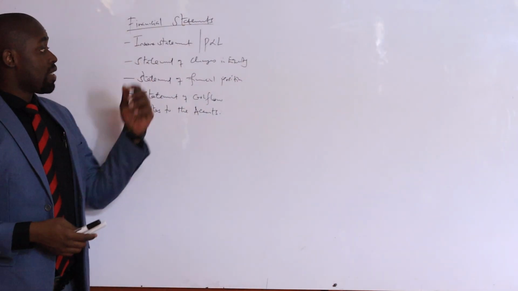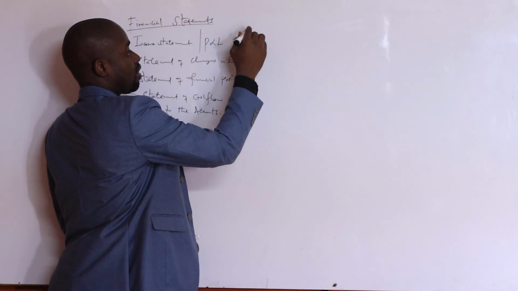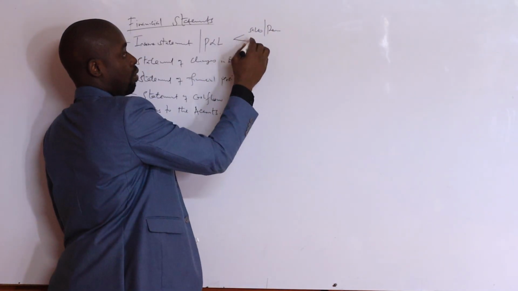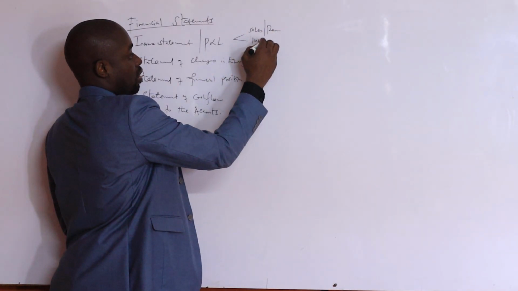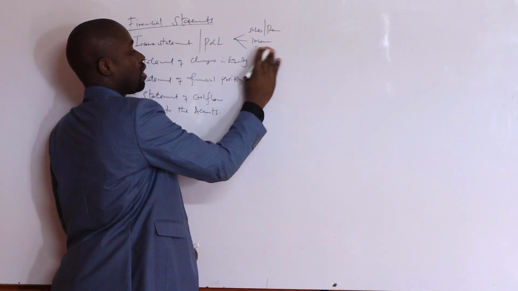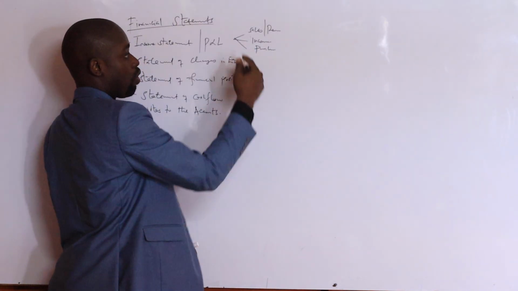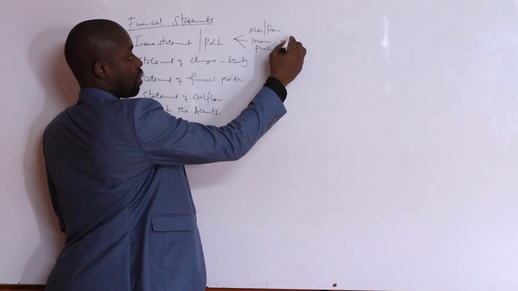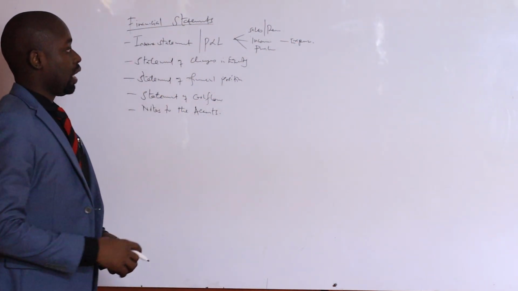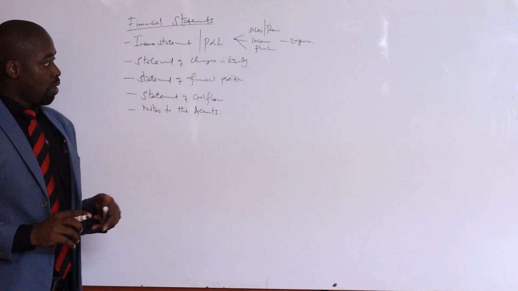Its main elements are sales or revenue, incomes, then cost of sales, or I can call it purchases, and lastly expenses. Those are the main components of the income statement we'll be dealing with.